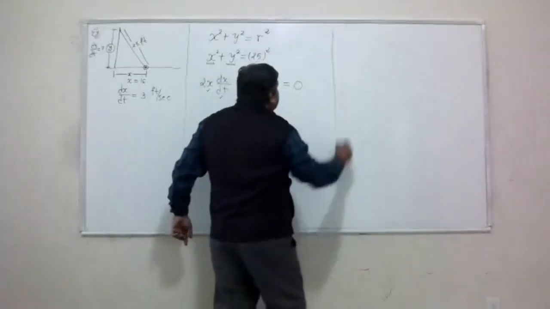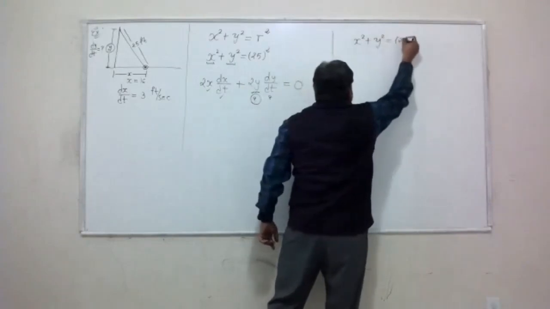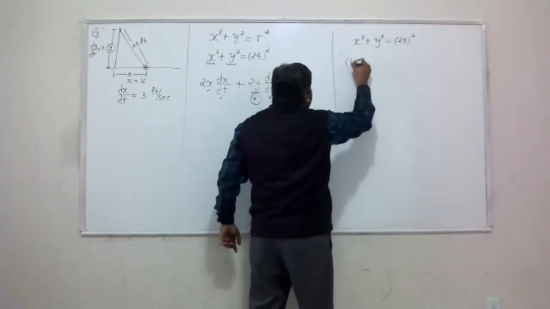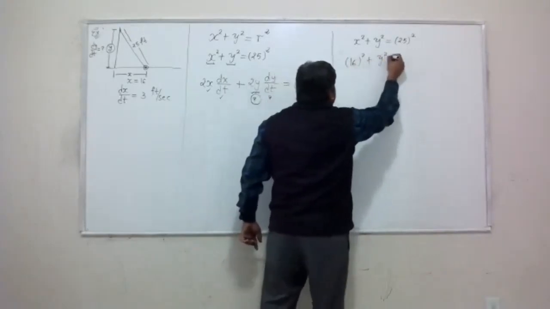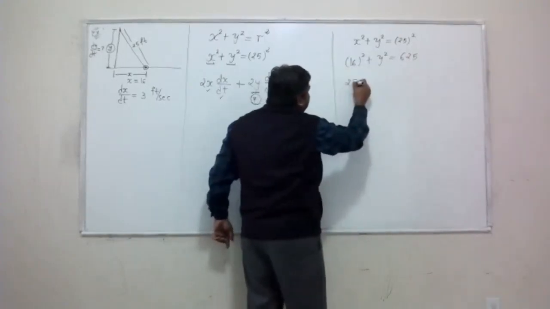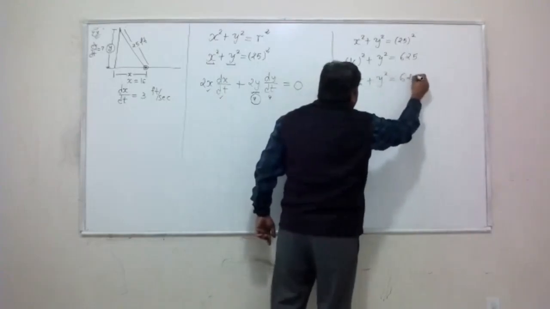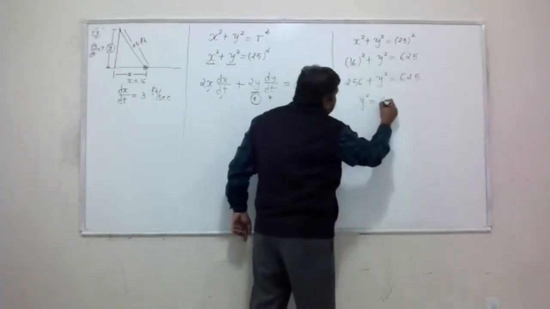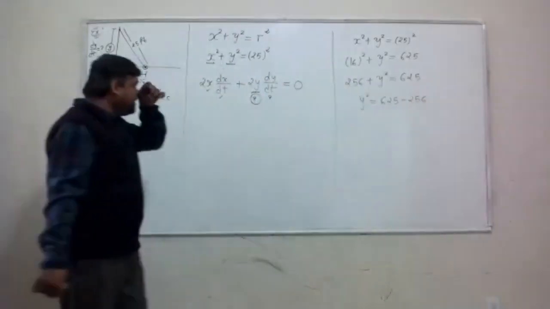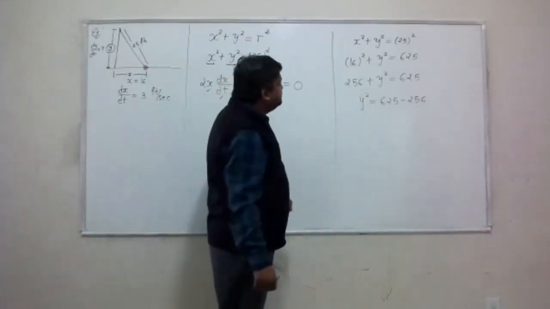Let's do that. I'm going to do this on the side. x squared plus y squared equals 25 squared. All right, so x is given: 16 squared plus y squared equals 625. 16 squared is 256. Let's subtract 256 from 625.